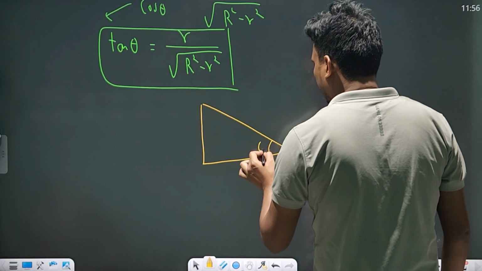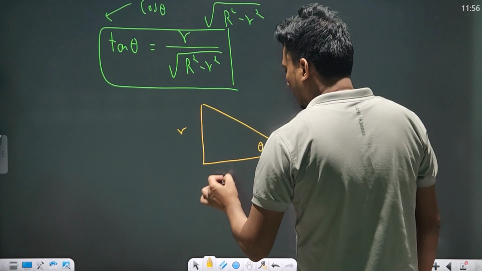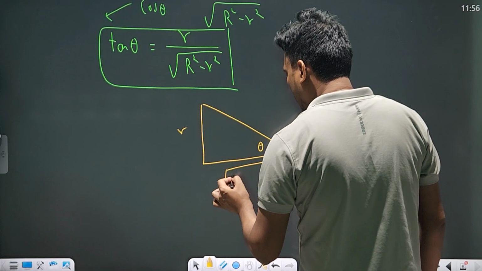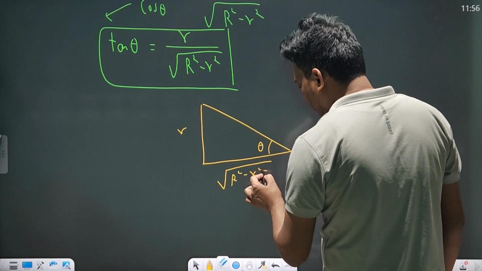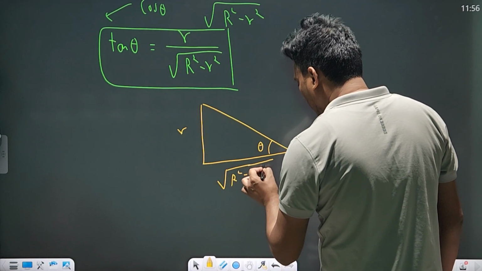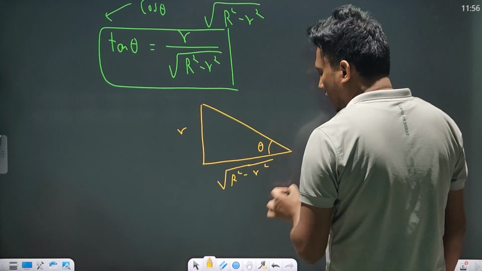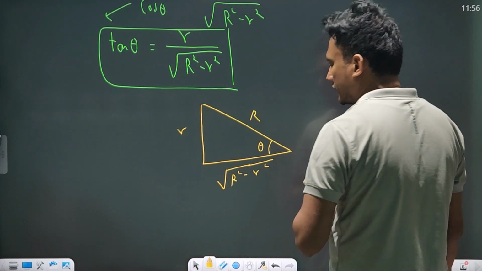If this angle is theta, what is tan theta? Perpendicular upon base. This is the perpendicular, this is the base, the square root of R squared minus r squared, and by geometry we know the hypotenuse will be capital R.